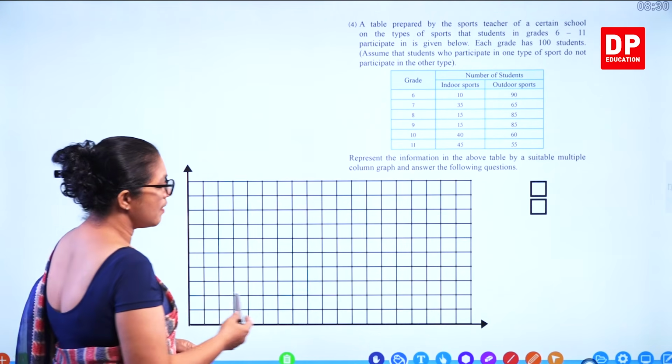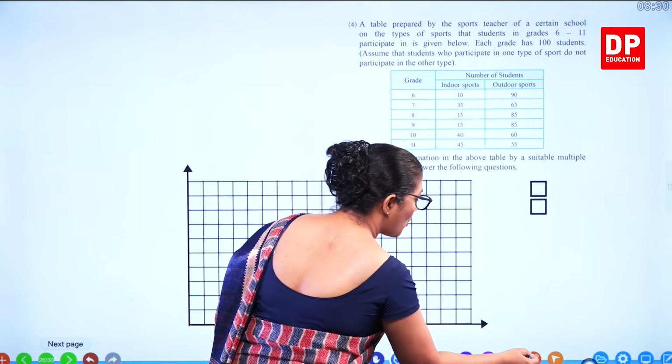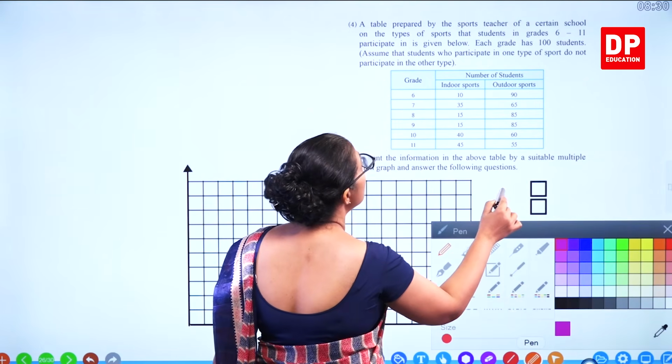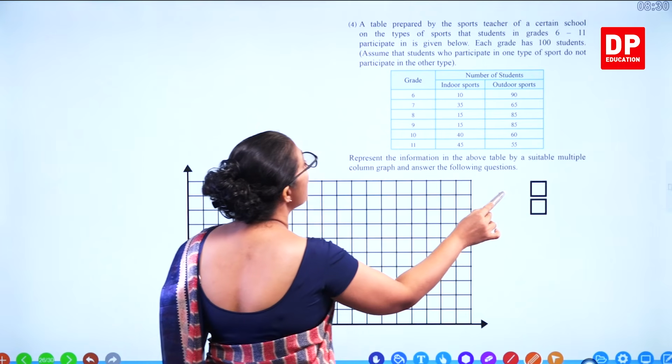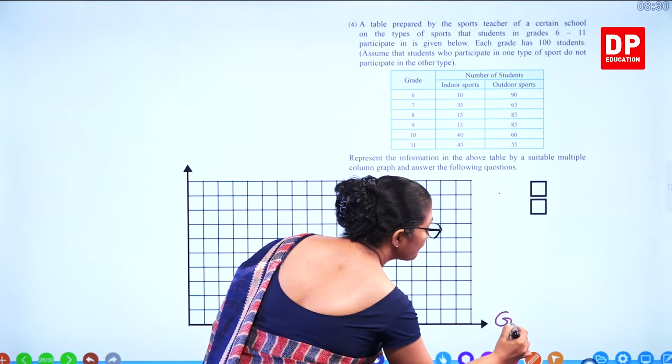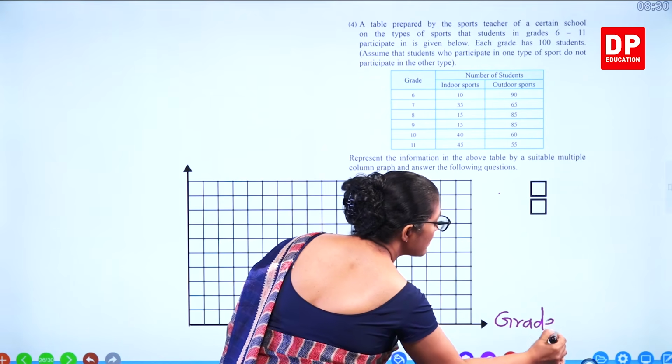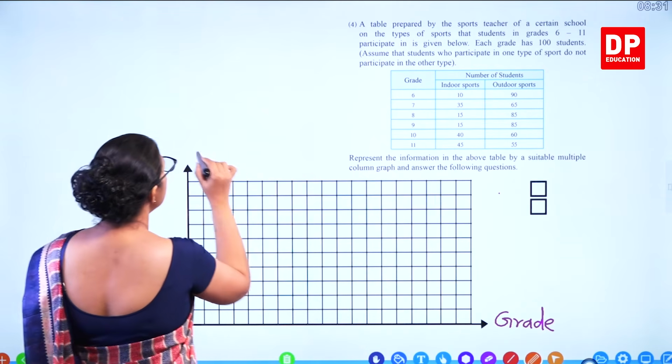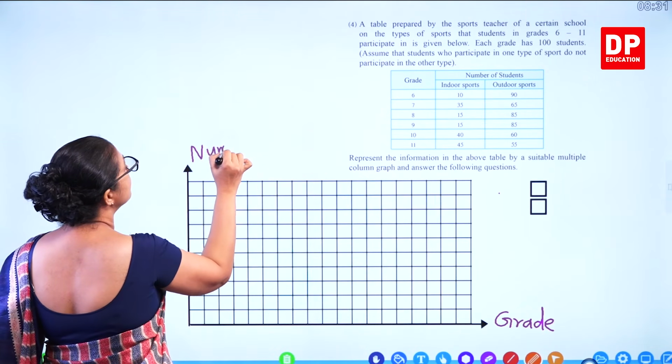We can take, instead of taking the sports here now, only 2 categories. So this is the grade now. You can select the grade and number of students.